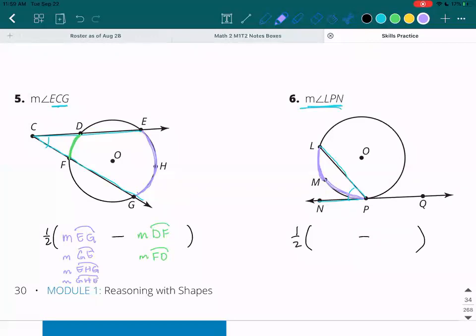If we end at M, we are not finishing the arc entirely. So we need to continue it until P so that it touches the blue line again. So LMP, or you could just call it LP or PL.